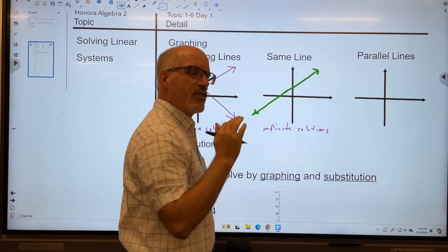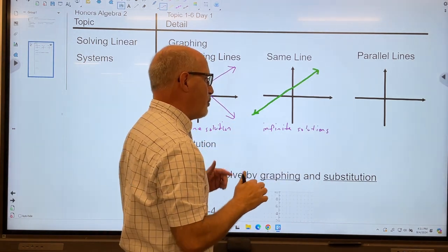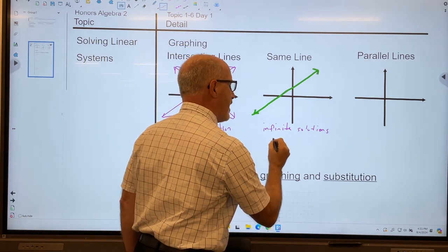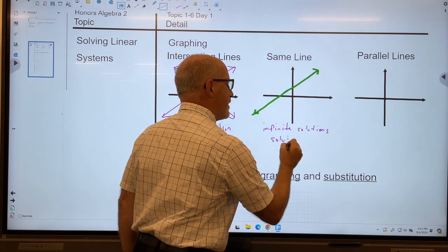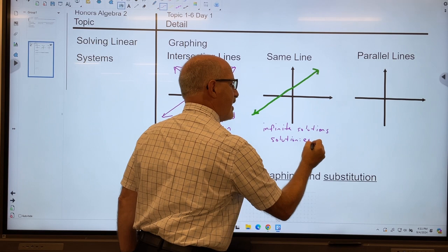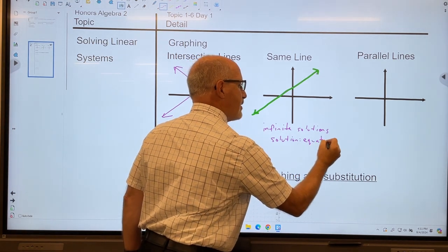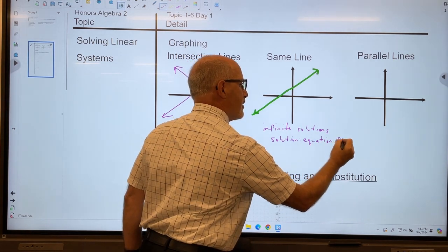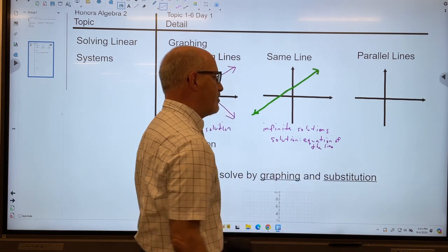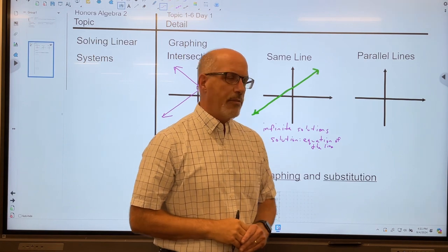In fact, the solution to this one isn't just a point, it's every point on the line. So the solution is the equation of the line. It gives you the entire line for the answer.